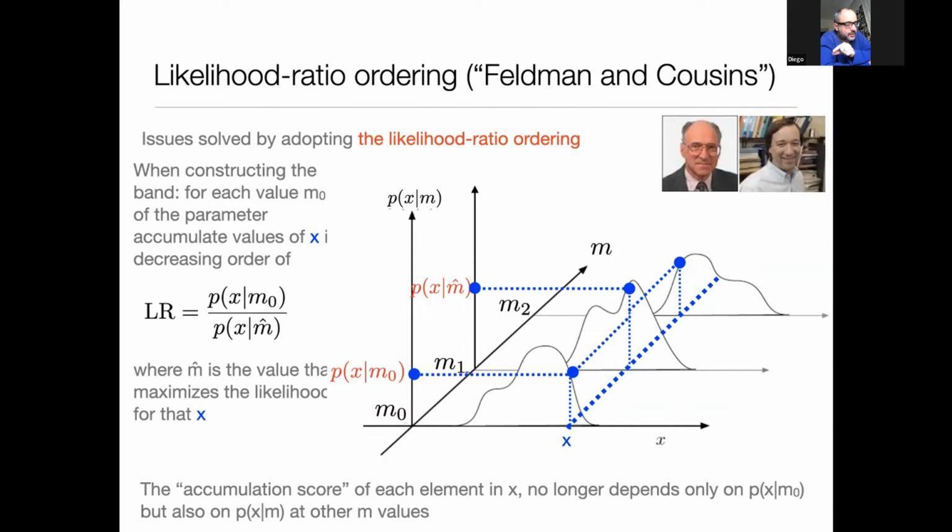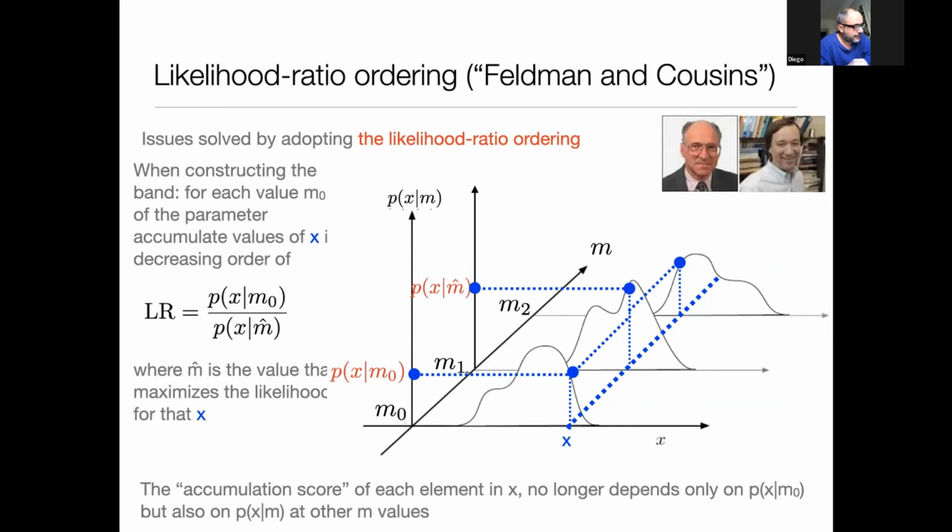So this is when you construct a band, when you have to construct this green thing that I just showed you, you have guidance from these people, and they say that the best way to construct that is to use a ratio. And this is a likelihood ratio. When you construct your band, you construct it for each true value of the physics parameter.